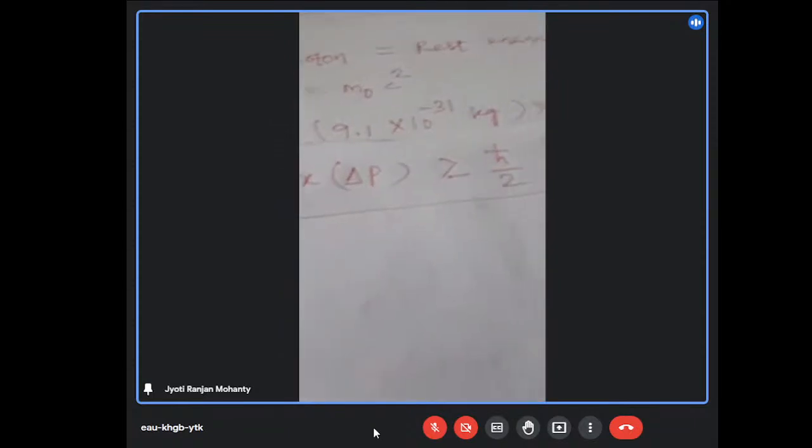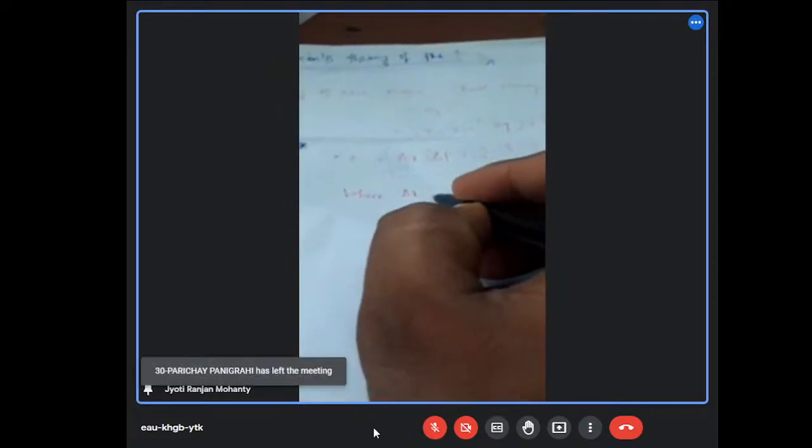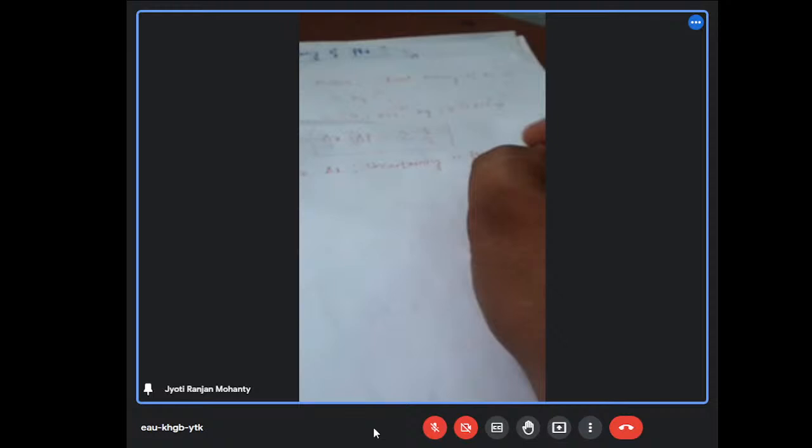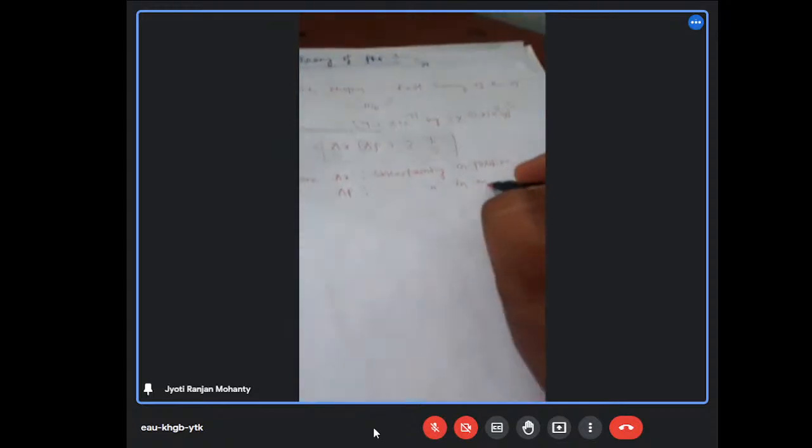Del x into del p is greater than or equal to h cross by 2, where del x is known as uncertainty in position, and del p is known as uncertainty in momentum.